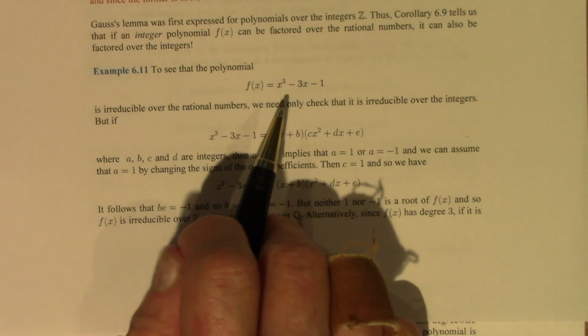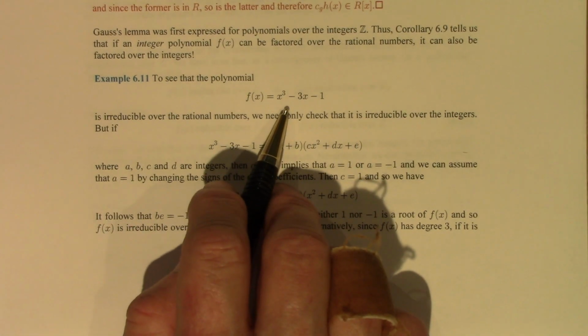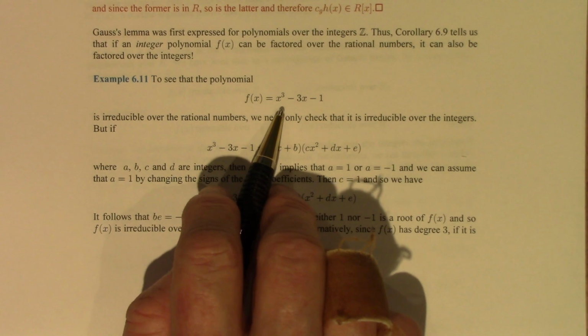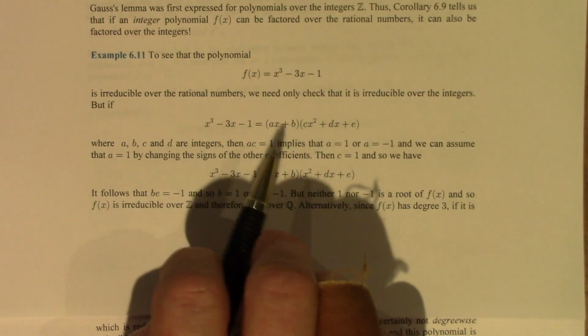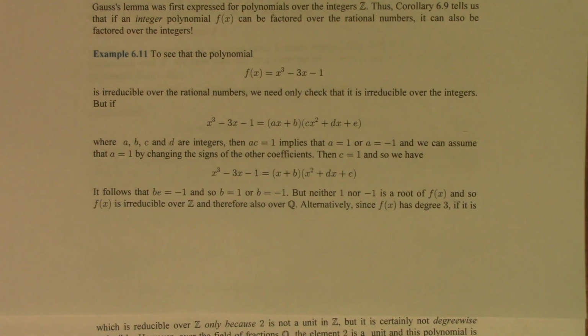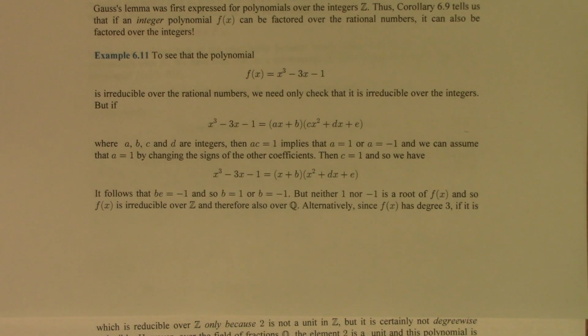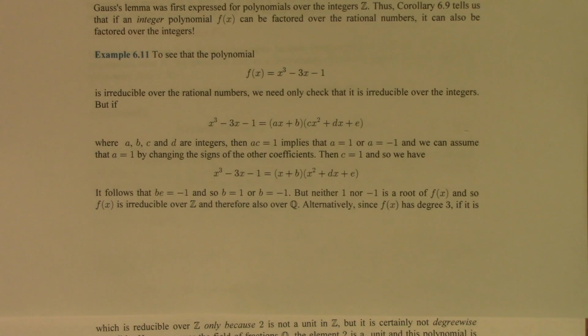So in trying to determine whether an integer polynomial can be factored over the rationals in a non-trivial way, we can use this result that tells us we only have to check for integer factorizations, which can be a much simpler process.